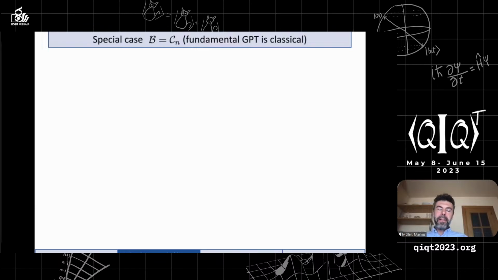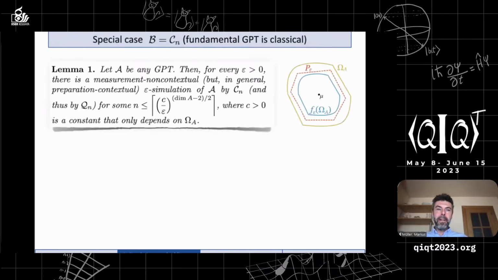In the special case that your fundamental theory is classical, we can say two things. First, we can prove a theorem. It tells you that every GPT, every theory A can be simulated classically up to arbitrarily small error if you make the dimension large enough. The simulation can be measurement non-contextual, but it must be in general preparation contextual.